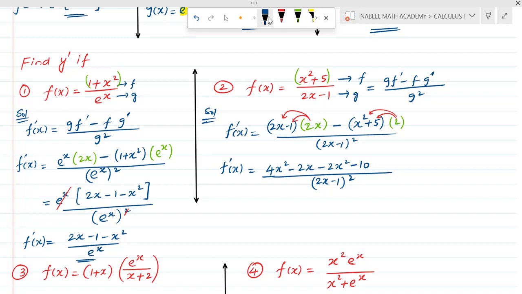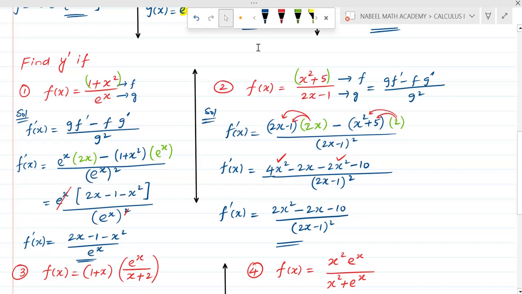Now, what is the final step? You have to simplify the like terms. So you have x square terms. If you add them, 4x square minus 2x square is 2x square minus 2x, and then minus 10, over 2x minus 1 whole square. So this is your f prime of x.